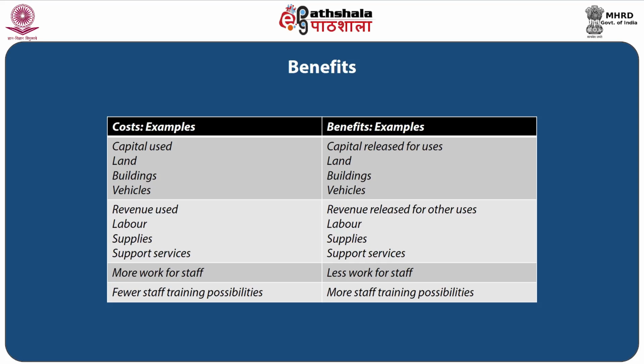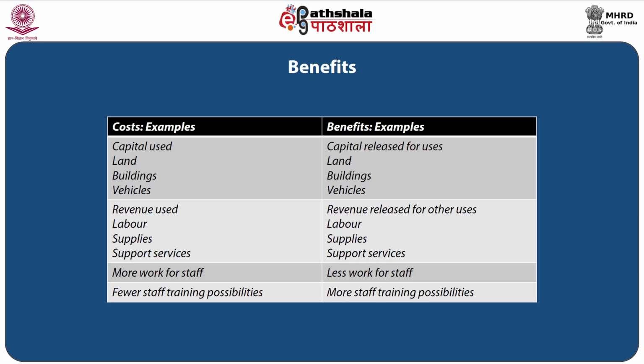This table 3 explains the cost examples and benefits examples. Let us look at the capital cost examples: capital used, land, buildings and vehicles. Benefit examples: capital released for other uses, land released, buildings released for other uses. Revenue used: labor, supply, support services.